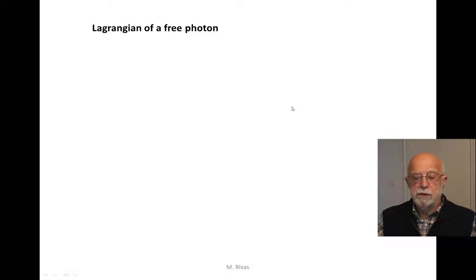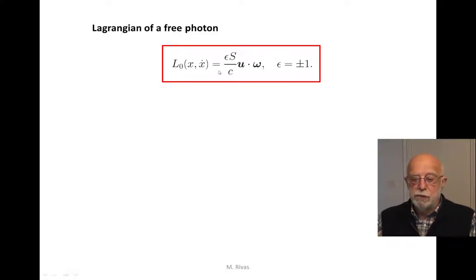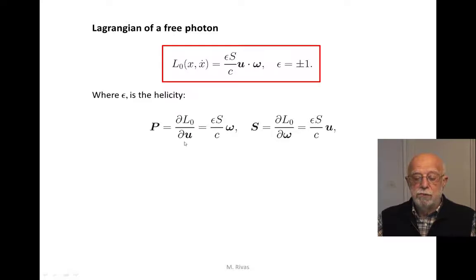So if we consider that the spin is not transversal, the spin is U over c, a unit vector along the velocity, times the modulus of the spin, and perhaps a plus or minus sign, according to whether the spin is pointing forward or backward. Now, from this Lagrangian, the linear momentum is this derivative of L0 with respect to the velocity. We get this form, and the spin, of course, is the partial derivative of L0 with respect to omega, which we have seen as a definition of the spin. But you see, P is along the velocity, so omega has to be necessarily along the velocity.